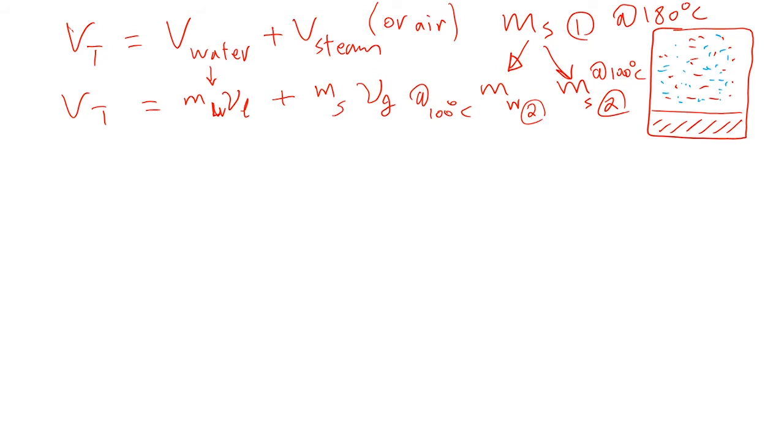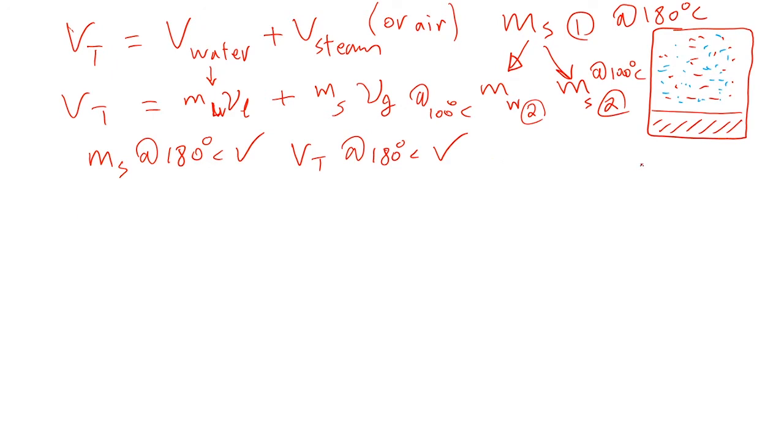However, we already calculated the mass of steam in case 1 at 180 degrees Celsius, and the total volume we calculated at 180 degrees Celsius is also known. So we can divide both and get the specific volume for case 2 at 100 degrees Celsius.